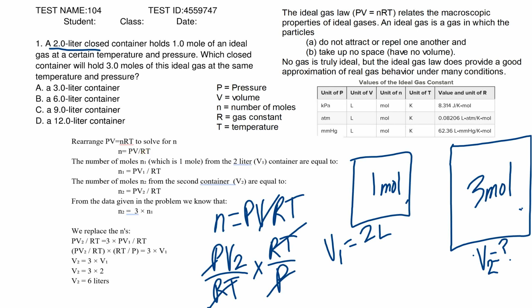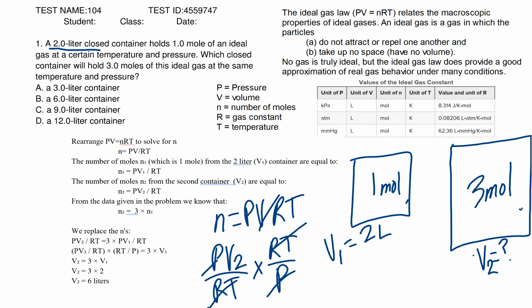Now, the number of moles in the first container, we're going to call that n1. So the number of moles in container 1 is equal to the pressure of container 1 times the volume of container 1 divided by the gas constant times the temperature of container 1. The number of moles n2, that's the second container, is equal to P V2, because it's the second container, divided by RT. We also know that n2 is 3 times n1.